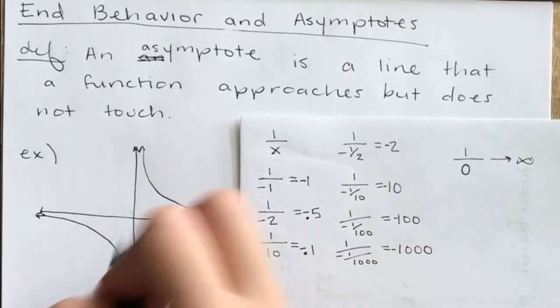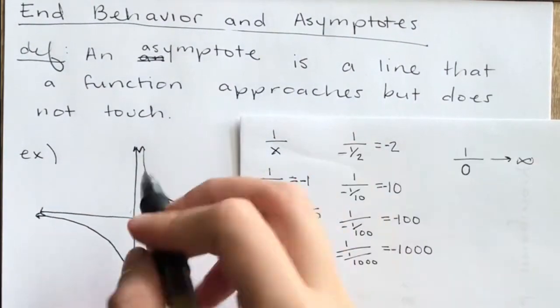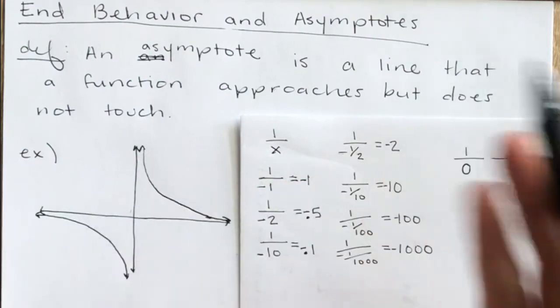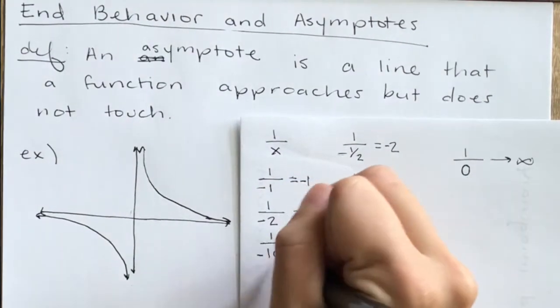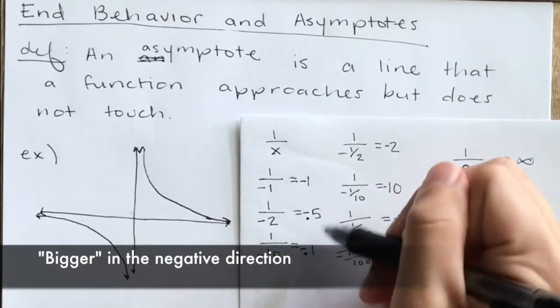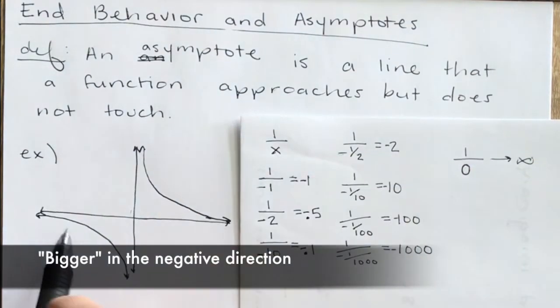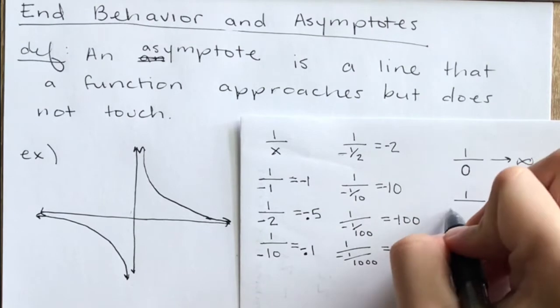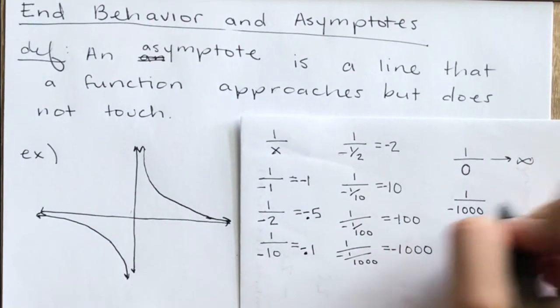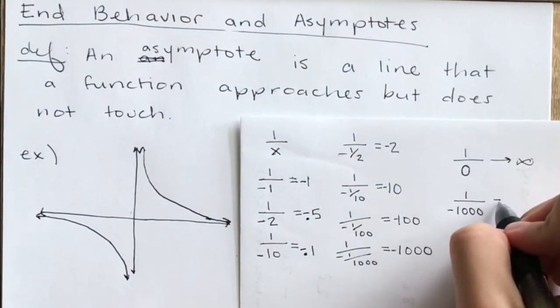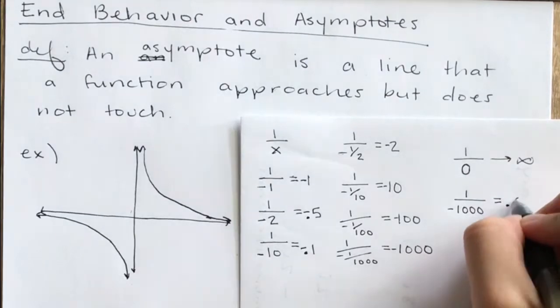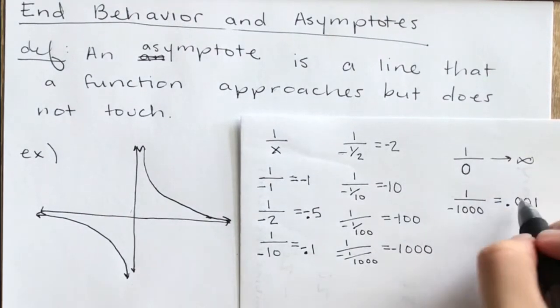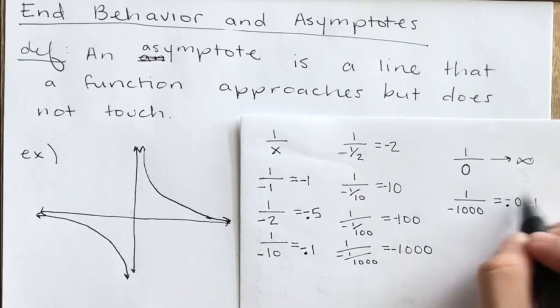Let's think about this horizontal asymptote. So what's going on as we get really big to the left in the negative direction? As our x value gets bigger, our decimal is getting smaller, right? We're getting closer and closer to the x-axis. So if I were to put in a really large negative number, then we have a really small y value, right?